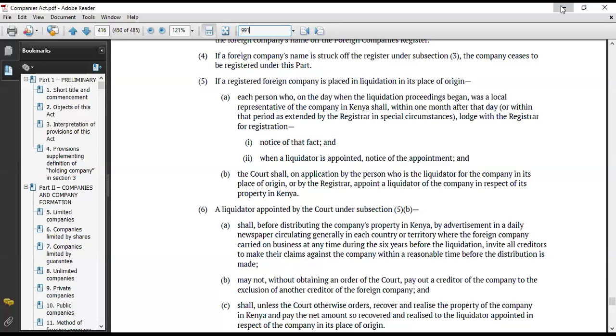Mwalimu, section 991 of the Insolvency Act is close to 800. Yes. But I'm telling you, there are 2 areas I suspect will come. Foreign companies, they have tested so many things, and private companies.